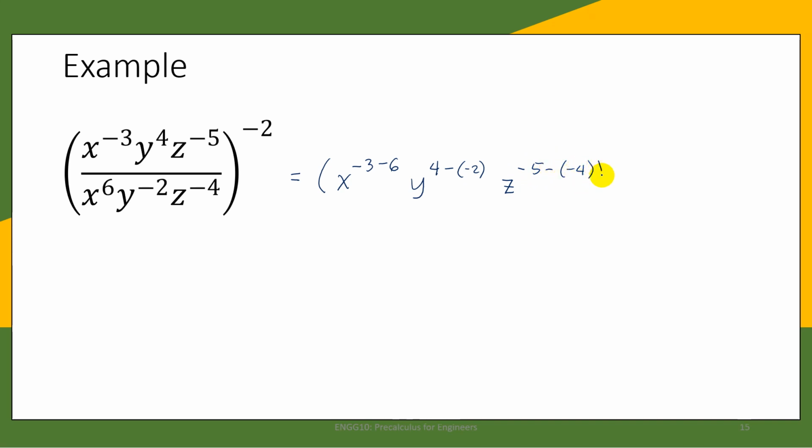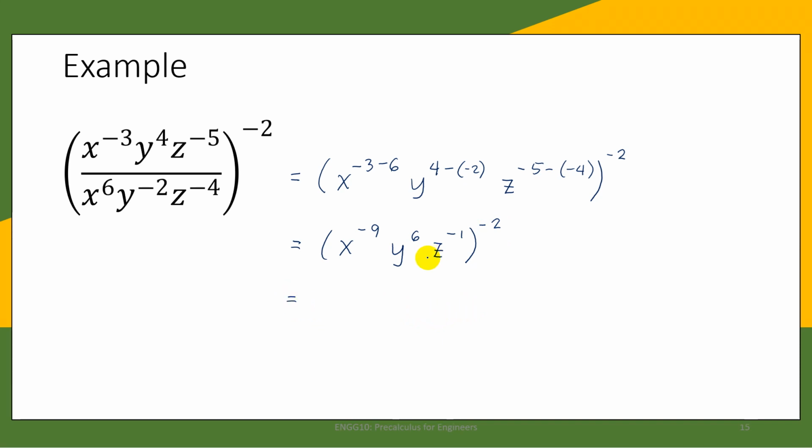All of these is raised to negative 2. Simplifying further, x raised to negative 3 minus 6 is negative 9. And then y, 4 minus negative 2 is positive 6. And then z, negative 5 minus negative 4 is negative 1. And then everything is raised to negative 2.